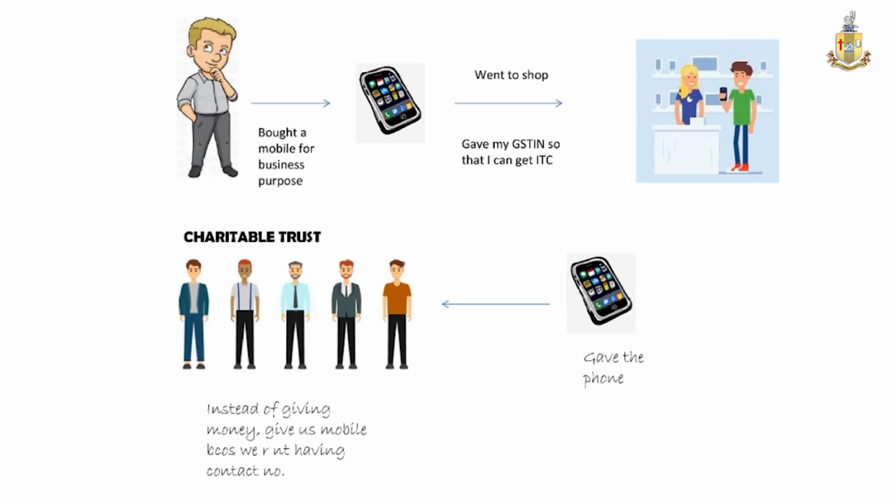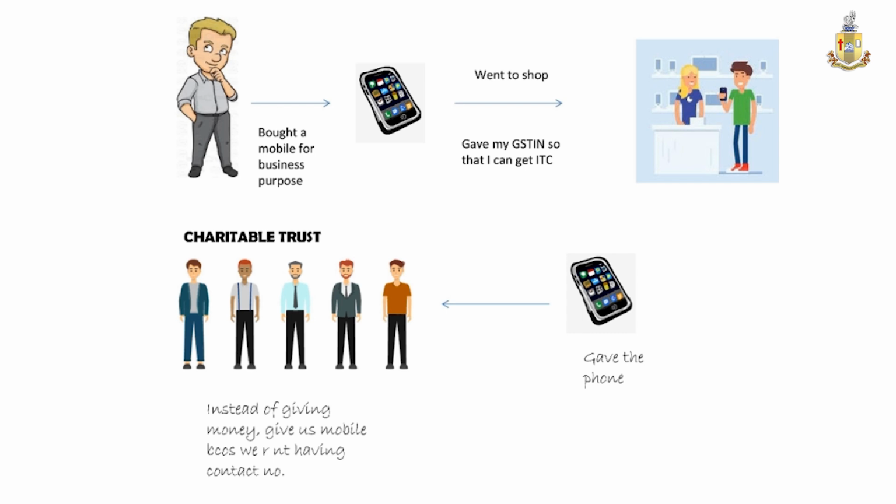A charitable trust person comes and asks you to give any kind of help to the trust. You offer money, but they say no, we don't want money, we need a telephone so that we can contact our sponsors. So you give your business mobile phone to the charitable trust and you are not getting any consideration.